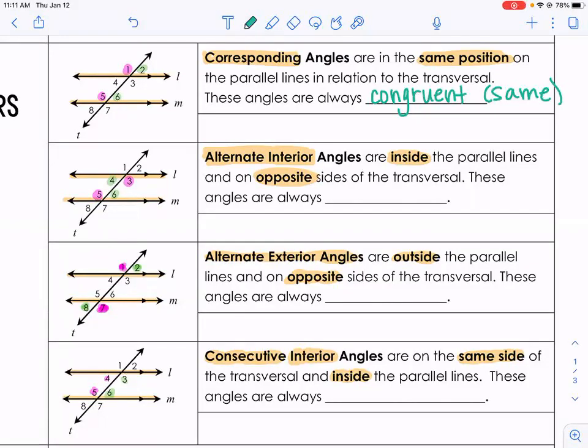Relia, what did you notice in number 7? What was true about angles 4 and 5? Okay, when you trace them though, what was true? Were they the same or different? They were the same, okay? Alternate interior angles are also congruent to each other.